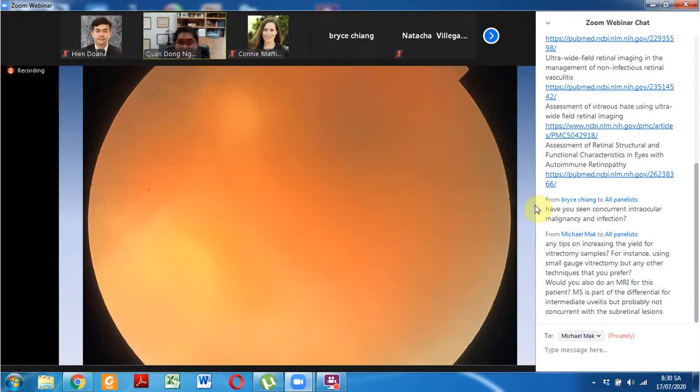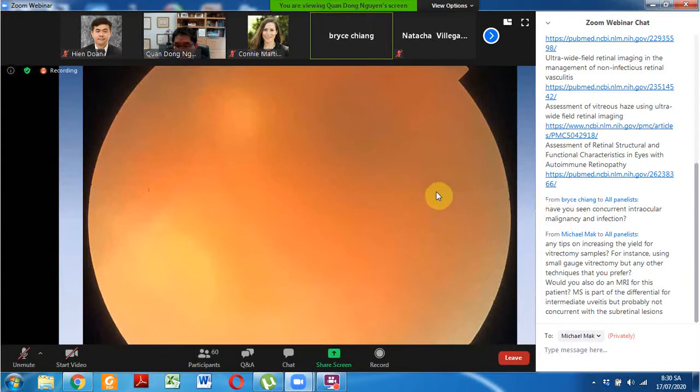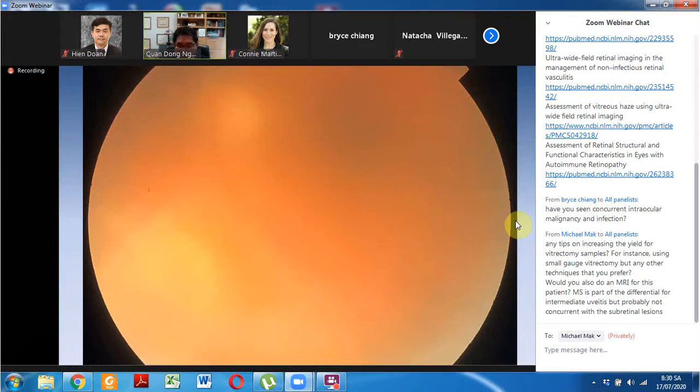Okay, and if you say the anterior chamber, what are you expecting to see there? See if there are any cells in the anterior chamber. And if you see cells, what type of cells are you seeing? I'm asking about the morphological description of those cells. I guess tiny white cells. Tiny white cells. Connie, tiny white cells?